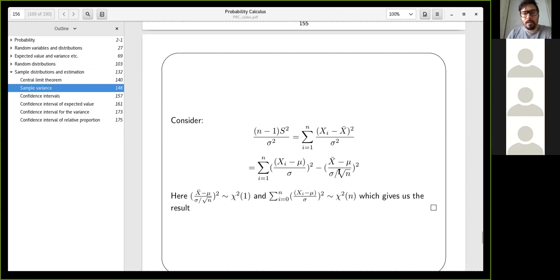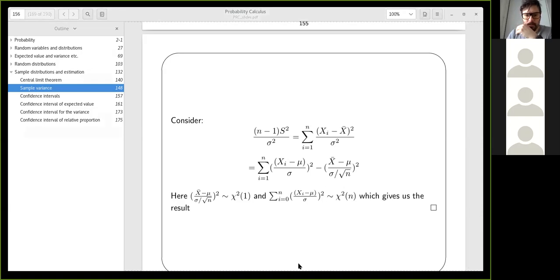But what you see from here is that this is an N(0,1) distributed variable, so this is chi-squared with degree of freedom 1.